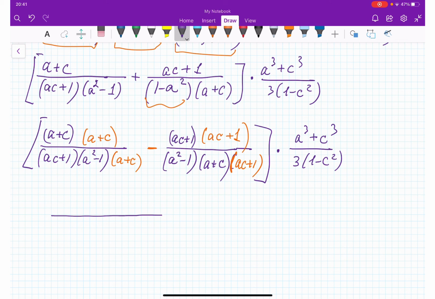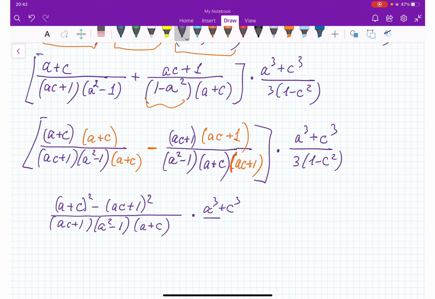The common denominator is going to be ac plus 1, a squared minus 1, and a plus c. Now in the numerator we are getting a plus c squared minus ac plus 1 squared, right? And times a cubed plus c cubed over 3 times 1 minus c squared.